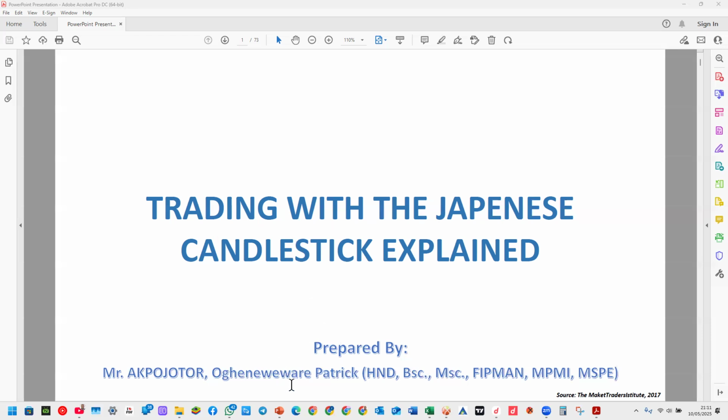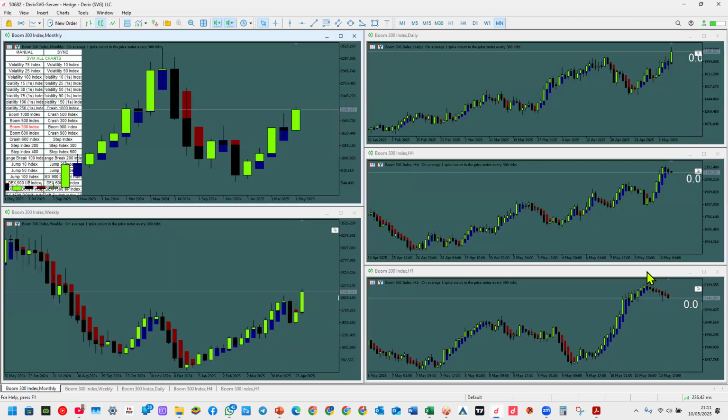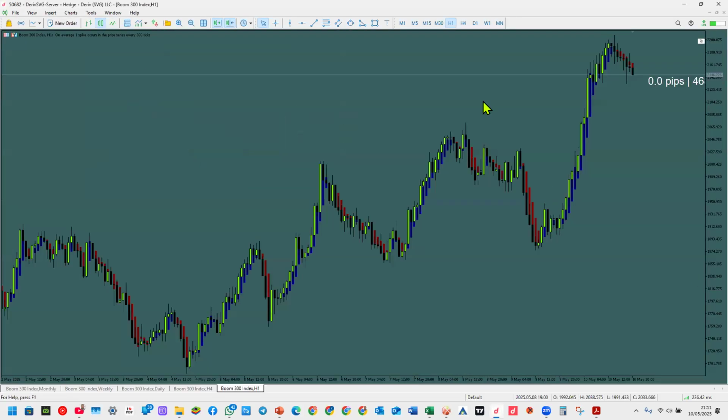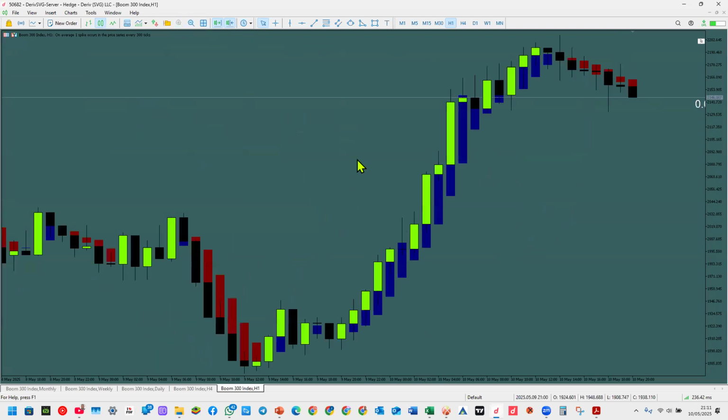And we did say that if you have a support, the market will buy, and if we have a resistance, the market will sell. So I want you to look at this chart.